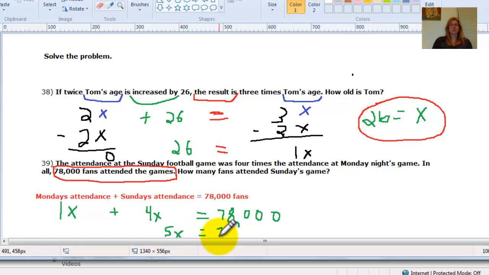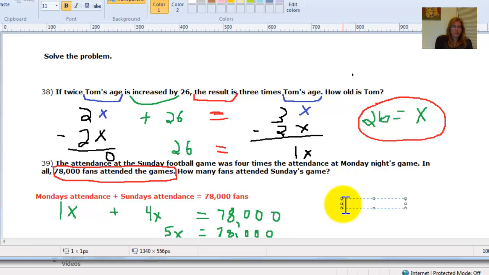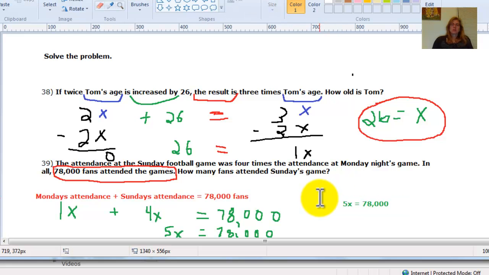So what you have now is division, because 5 is multiplied by the x. So you have to divide to get it out. I think I'm going to type on this next piece. So 5x equals 78,000. And I'm going to divide both sides by the 5.